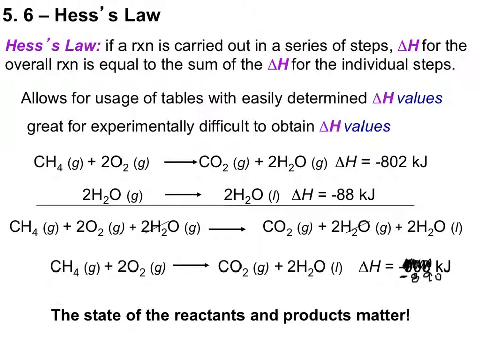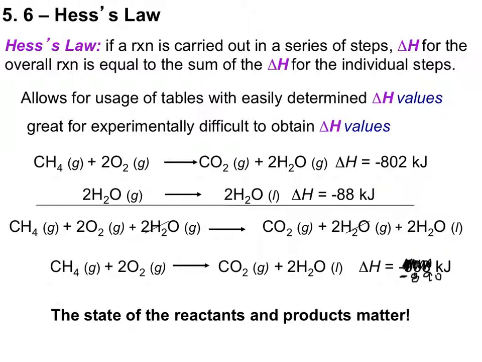The reason why it's so useful is because instead of measuring each and every reaction type that exists, which would lead to a huge library of delta H values for millions and millions of reactions, what it utilizes instead is the individual steps that occur within a reaction.